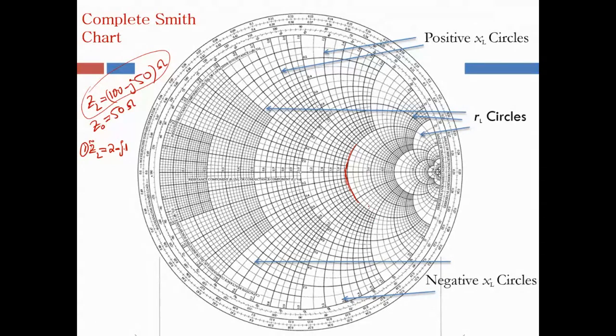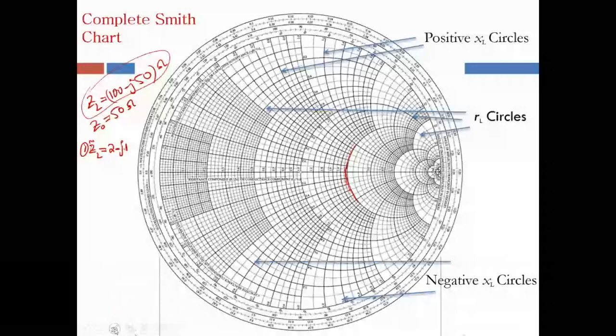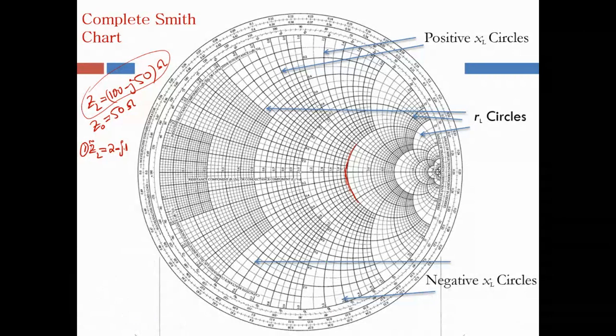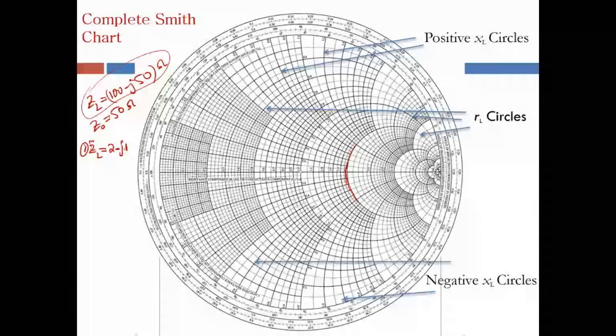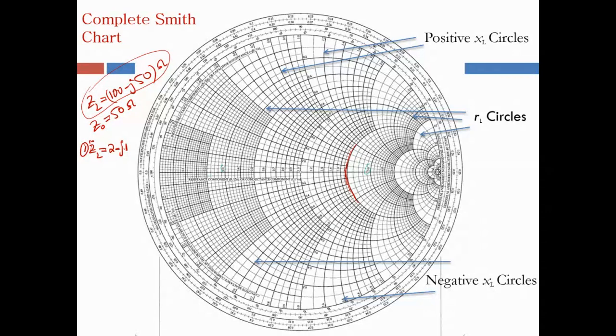So 2 is in red, minus 1 is in green. So we look for it. The real circles tell you the values on the axis. This is circle 3, and this is circle 0.3.